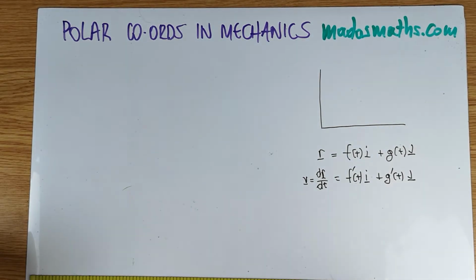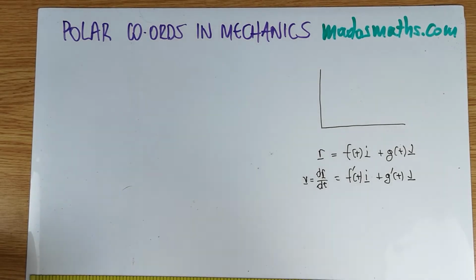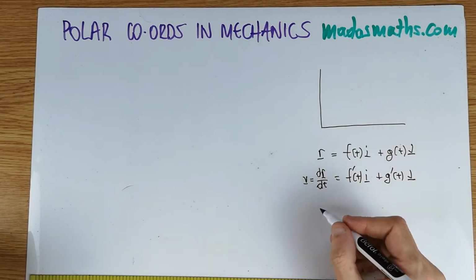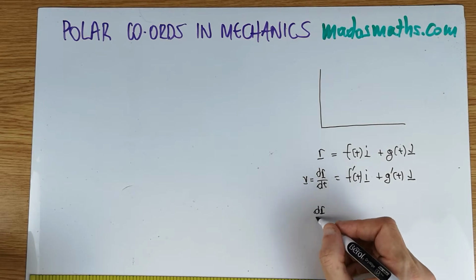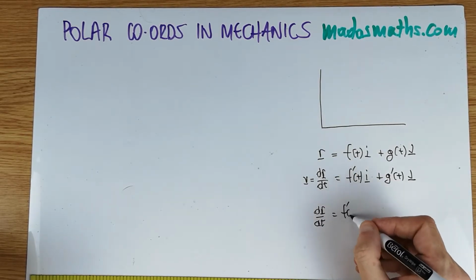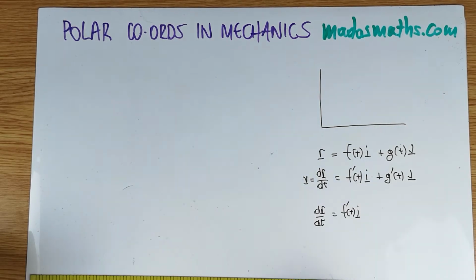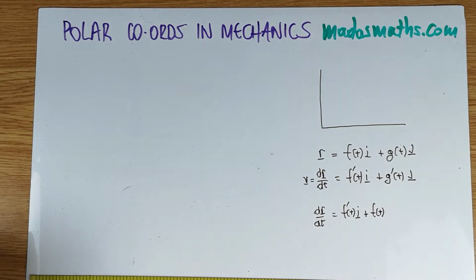And that's as far as you're happy, it works, and then you can do acceleration in a similar kind of way. I just want to point out, it's not strictly speaking correct what you're doing, or how you see it, perhaps, although it is. These are products. So when you're doing your dr by dt, your velocity, you have a product rule. f dash of t, leave the i alone, plus leave the f of t alone, differentiate your i.